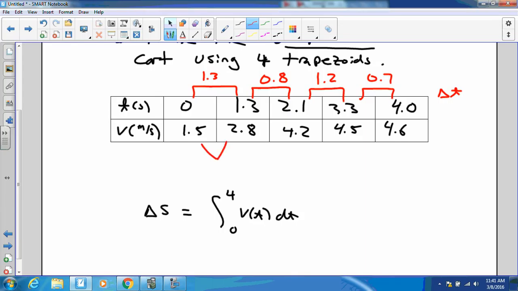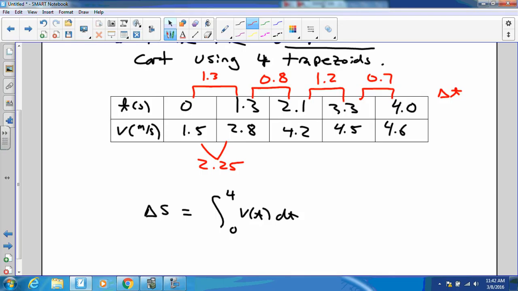Now, for the average heights, I'm going to march through and average by hand these values. The average of 1.5 and 2.8. 3.3 divided by 2, 1.65. Is that right? No. It's 4.3 divided by 2, so that's going to be 2.15.